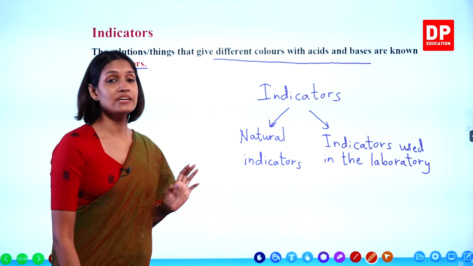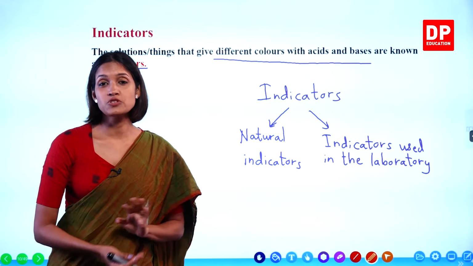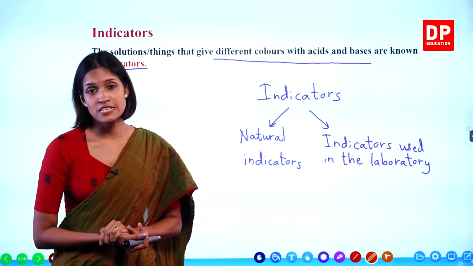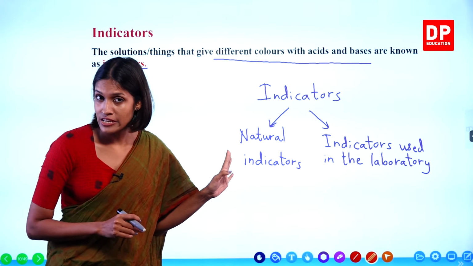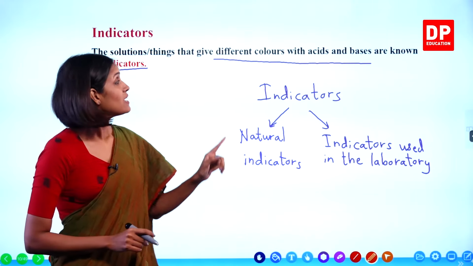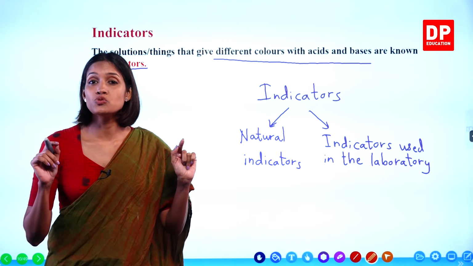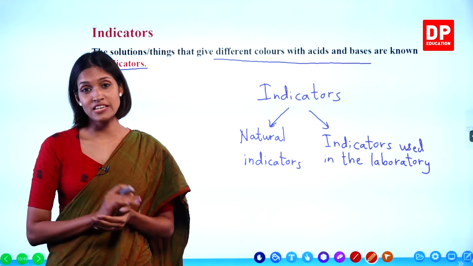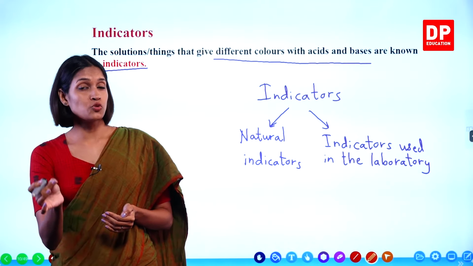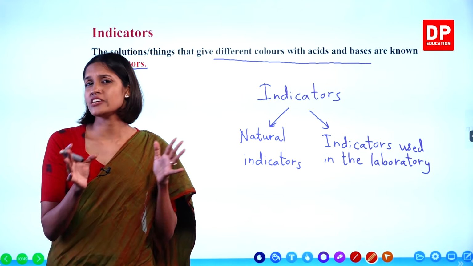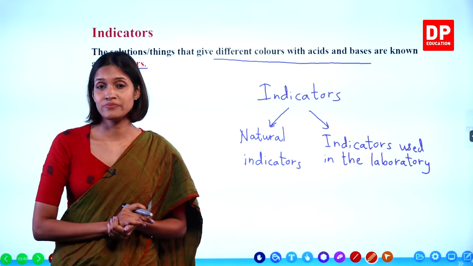However, indicators can be used to identify acids, bases and neutral substances. So when you learn about indicators, it's very important to remember that neutral substances do not change the color with indicators. Do you remember when we added the shoe flower boiled water to acids, it gave a range of red color, right?